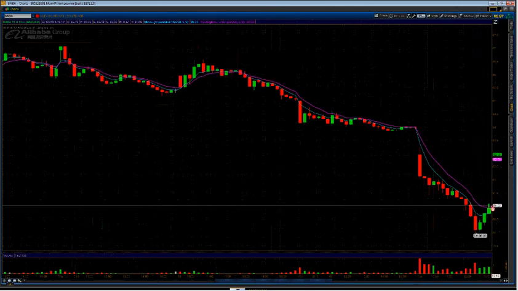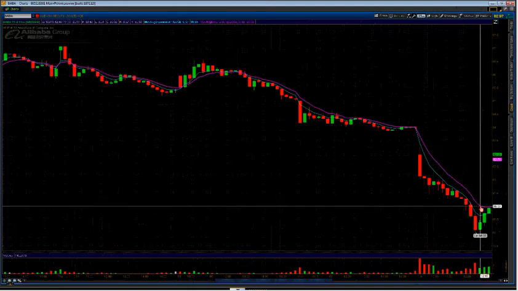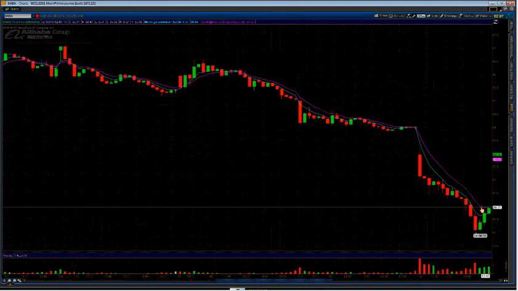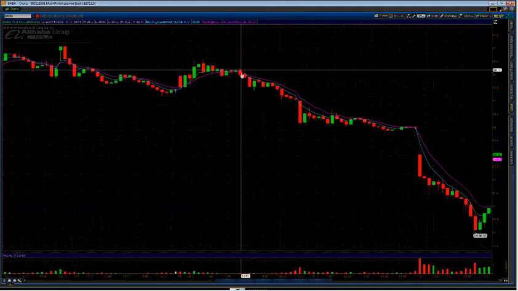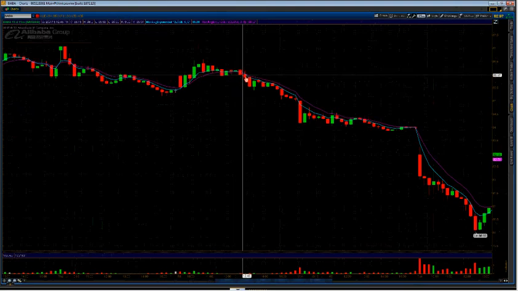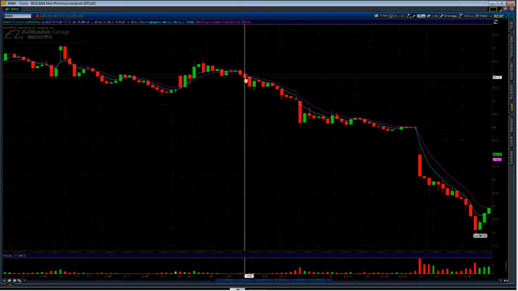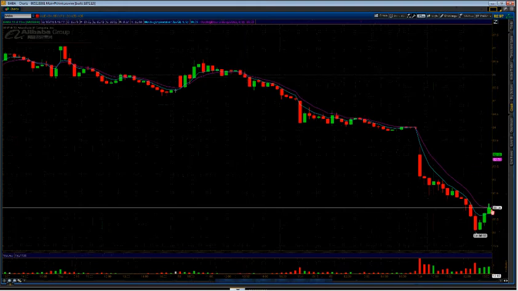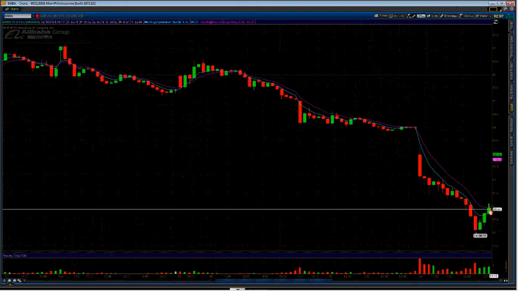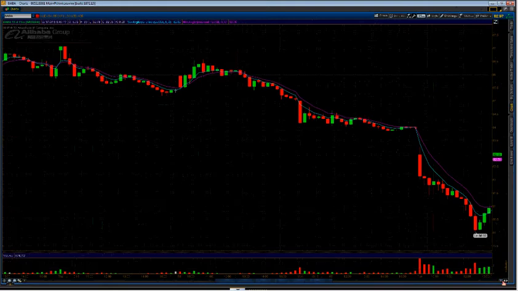Look at it. It's not flat there. It turned up. So this could have had you in a puts position from right here. Sorry, right here. 85.90 to the close of this candle at 80.92.